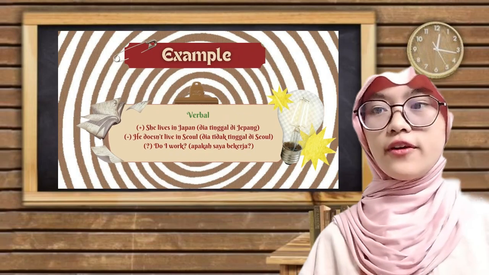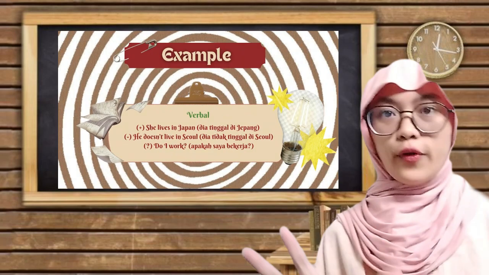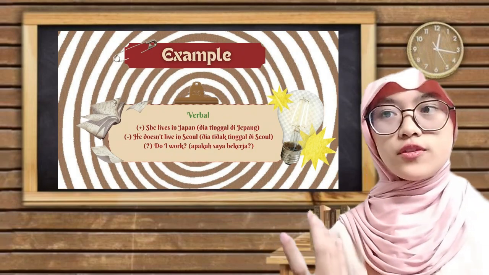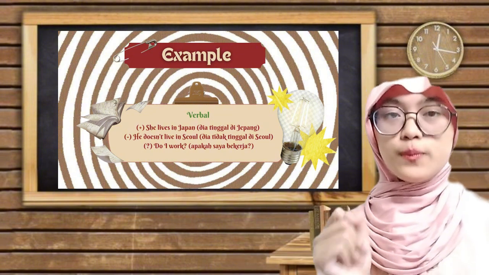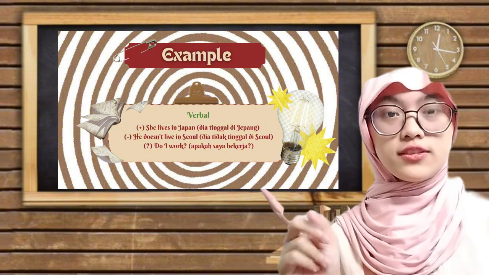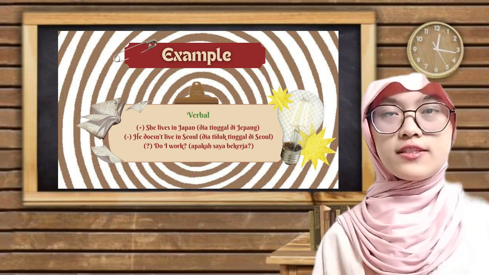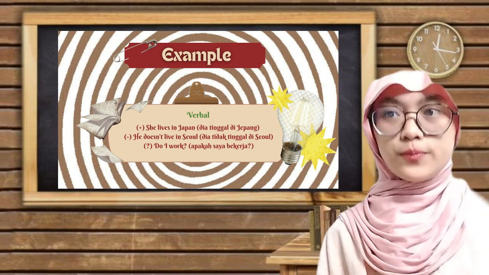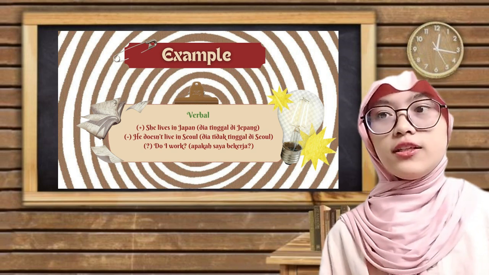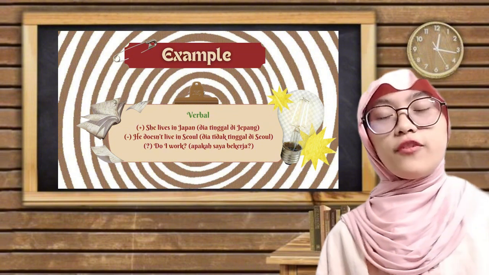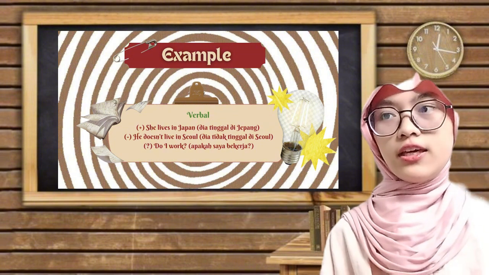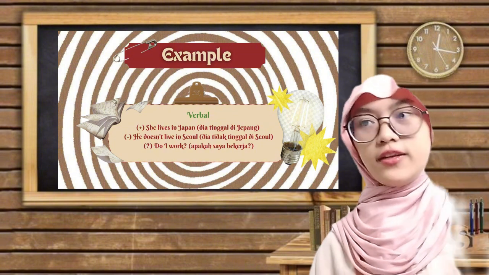Alright. And for the verbal, it's easier because we use some verb and you must use verb 1 just for verb 1 because the simple present tense is an action for right now. For the verbal formula, an example is: she lives in Japan.